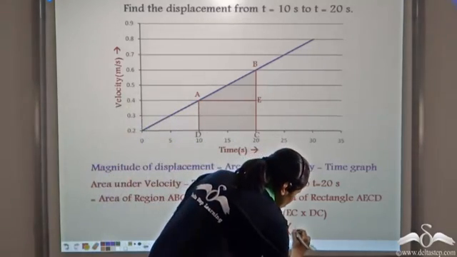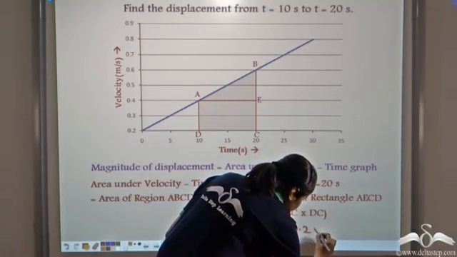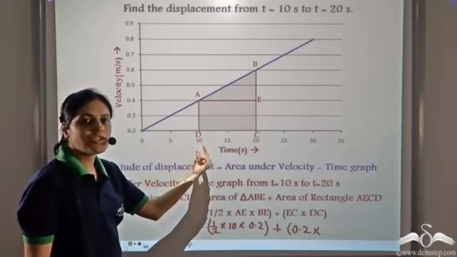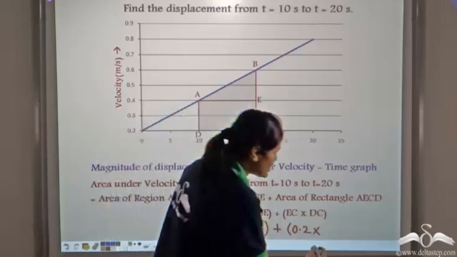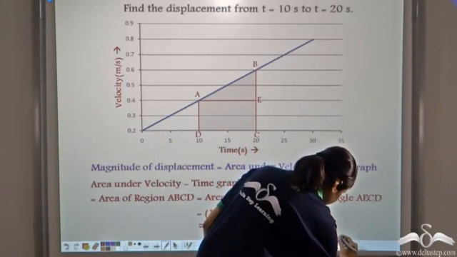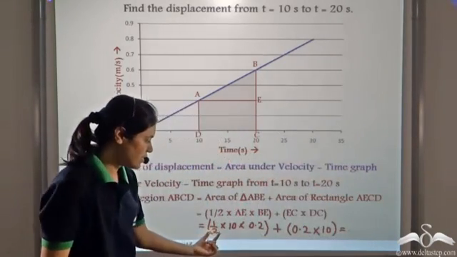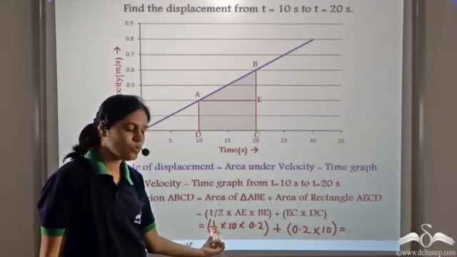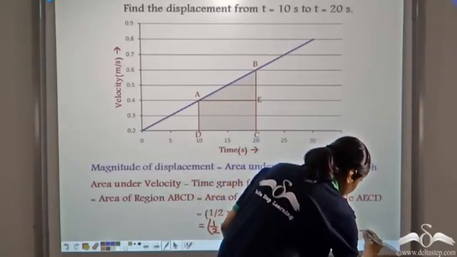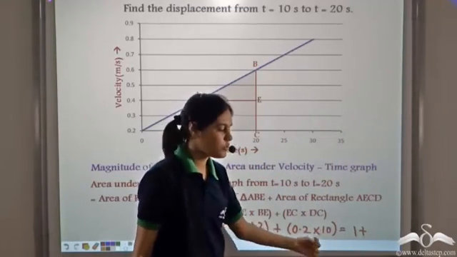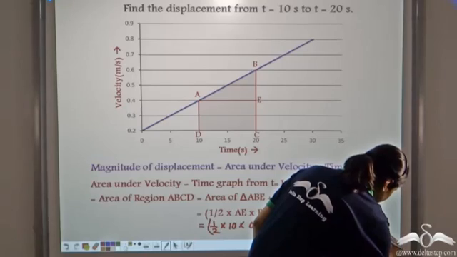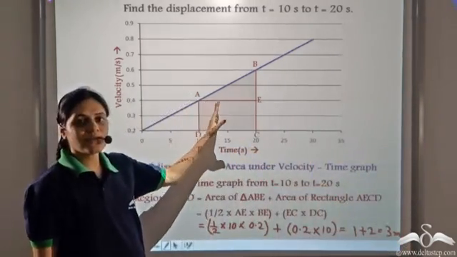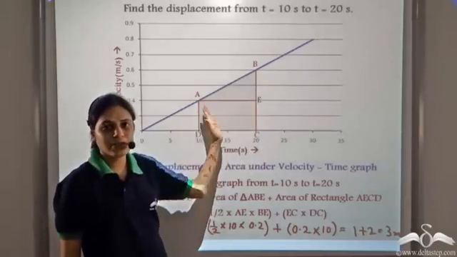It gives us 0.2. And DC gives us this distance, which is from 10 to 20, so it is 10. So we get 10 into 0.2 is 2. 2 divided by 2, 1. Plus 0.2 into 10 gives 2. That is 3 meters. So the displacement in this time is 3 meters.